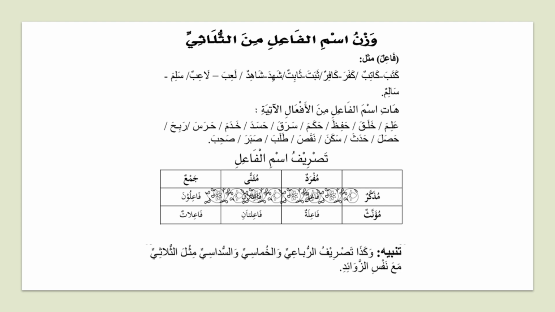She might say ana alimatun, I'm an alima. Or she can say anti alimatun. So we have the 12 pronouns, and you can use these 6 boxes for the 12. Going across, alimun, alimani, alimuna, then you can say alimatun, alimatani, alimatun.